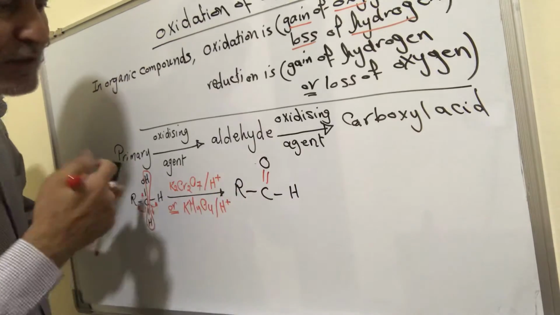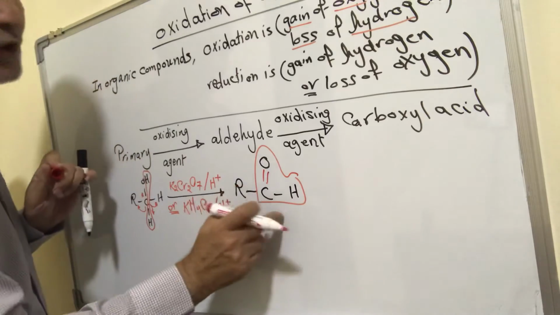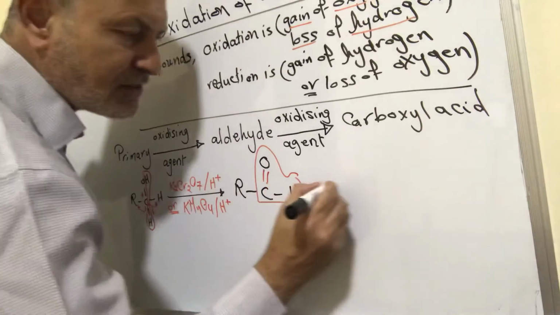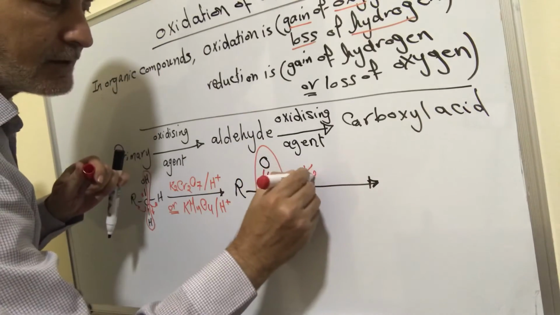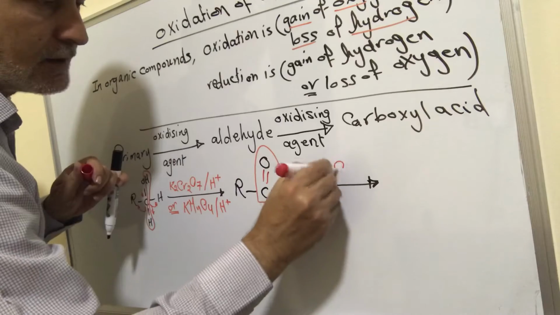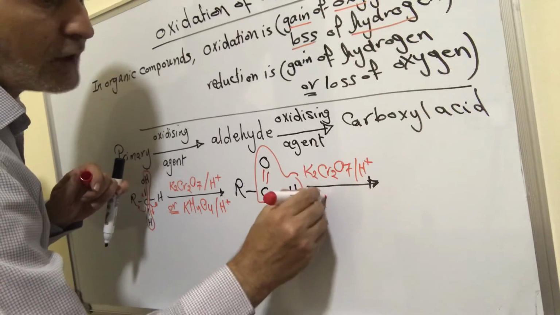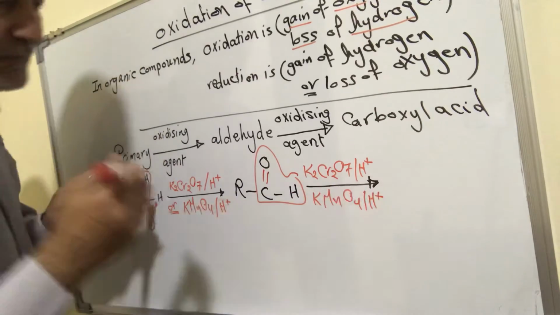Don't forget that this part is the functional group for an aldehyde. If this one remains in the reaction with the presence of the same oxidizing agent, whether this or this, again, we don't use two of them, one of them.